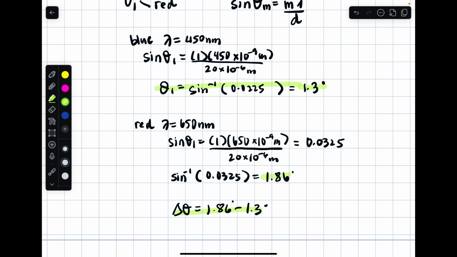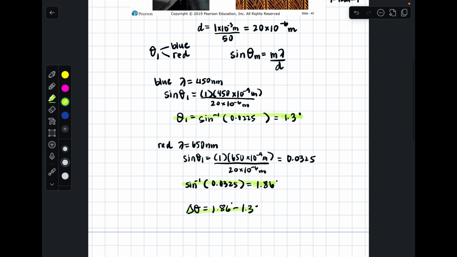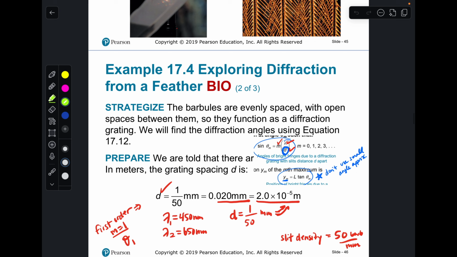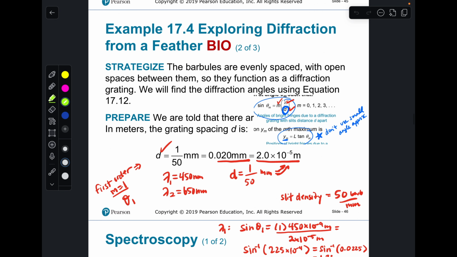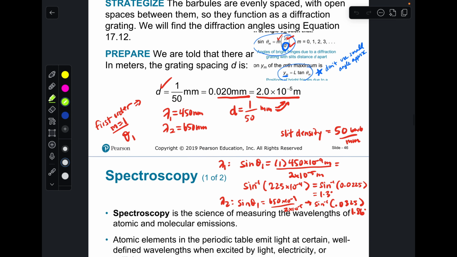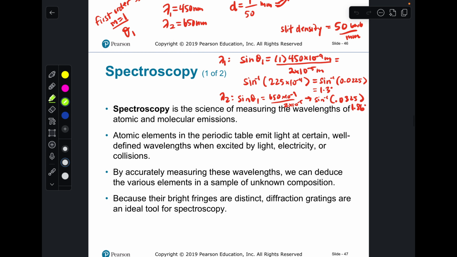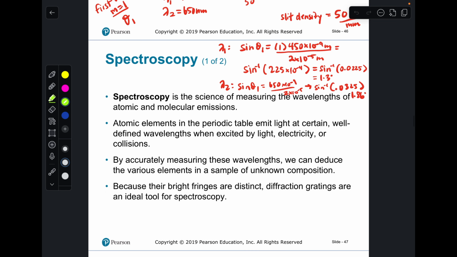So this is our actual result. These are the solutions from when I did this in class. Same answers. Okay, good.